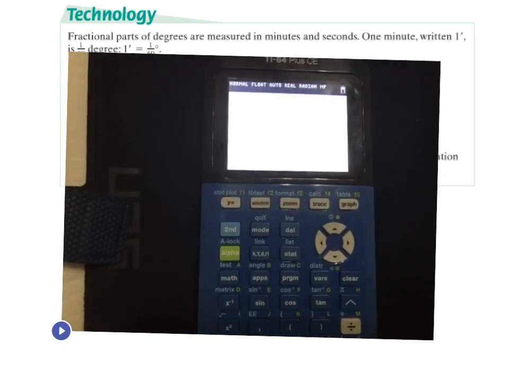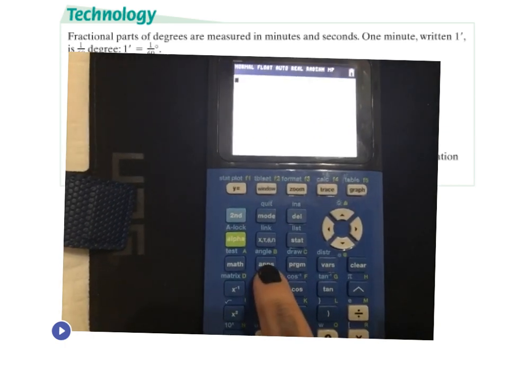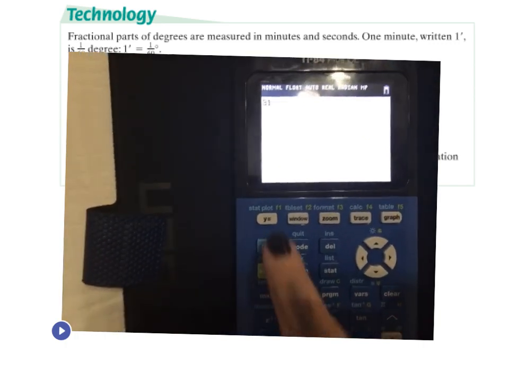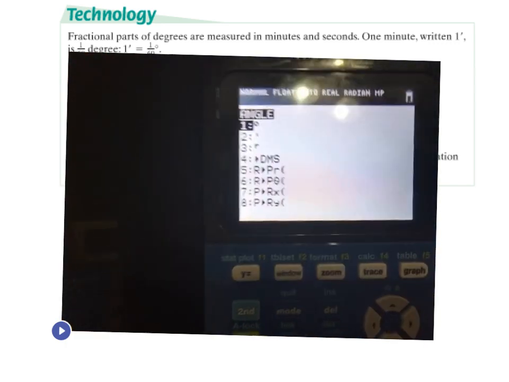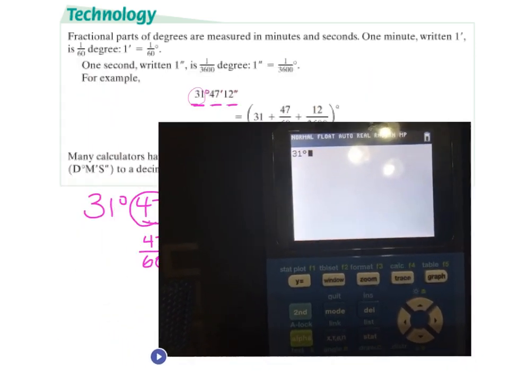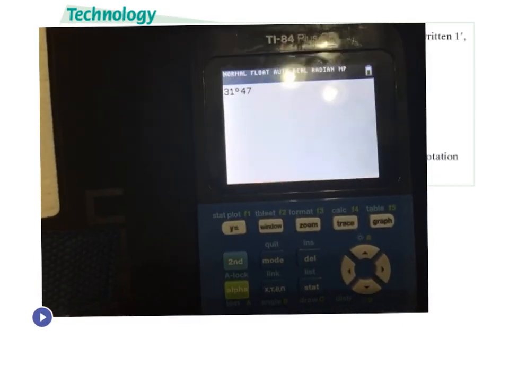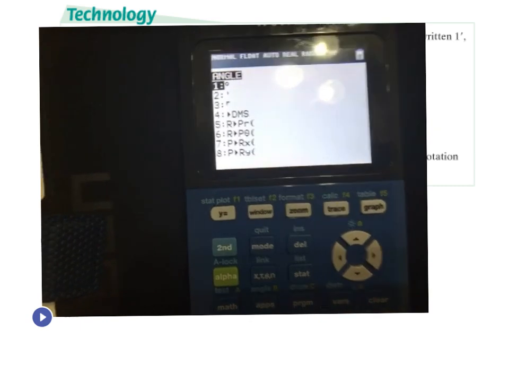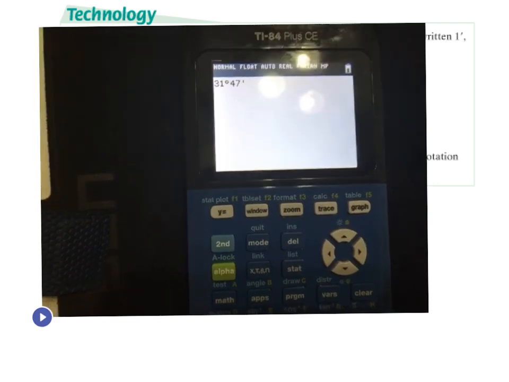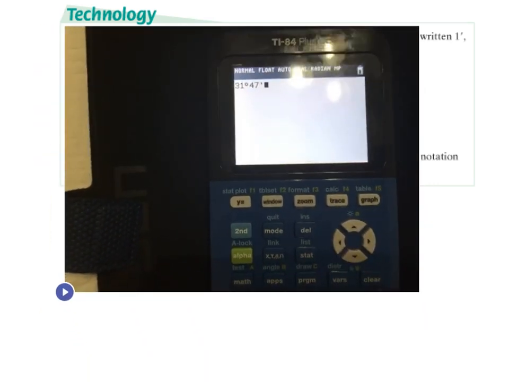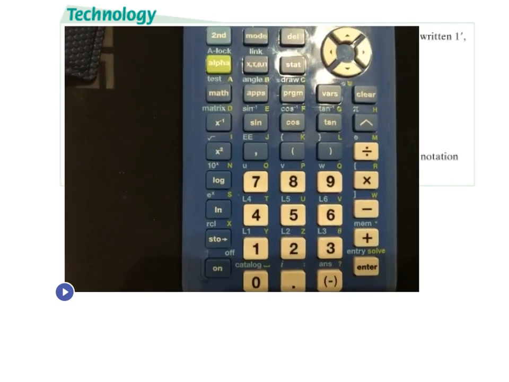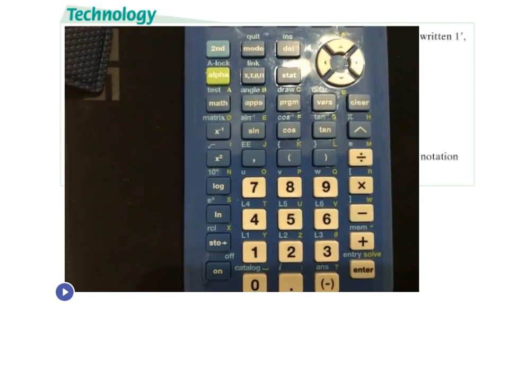If you're using the graphing calculator for this, then you will use the little button that says apps, and above that says angle. So if you were to type in 31 for the 31 degrees, and then hit second apps, so you get the angle measurements, you'll hit the degrees, and then the second part of it was 47, so you'll type 47, and go back to that same menu, second, apps, and the little single tick mark is right there at 2, hit that, and then the last portion, which was 12, it's actually in a weird spot, so it's not in that angle section, it is directly above your plus symbol, and in mine, it's in green, which means alpha.